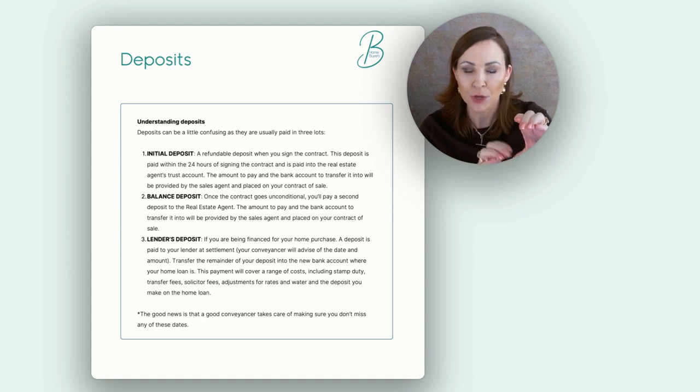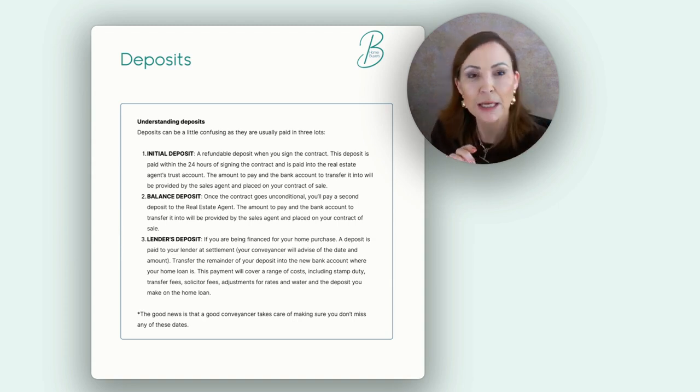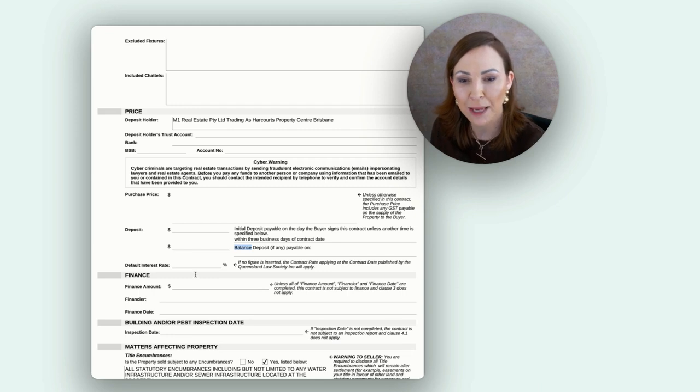In order to explain this in a little more detail, I'm going back to that contract that we had before, the blank contract. And down here, you can see it says initial deposit and then it says balance deposit. The initial deposit is due when you sign the contract. The balance deposit is usually paid when the contract goes unconditional.